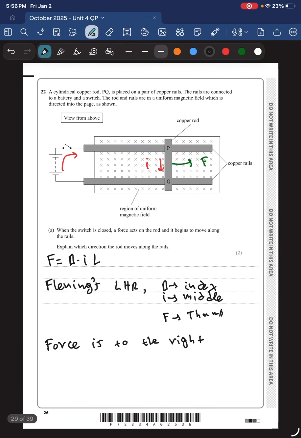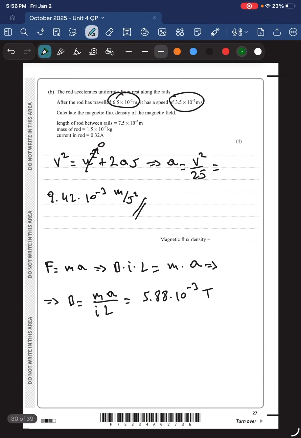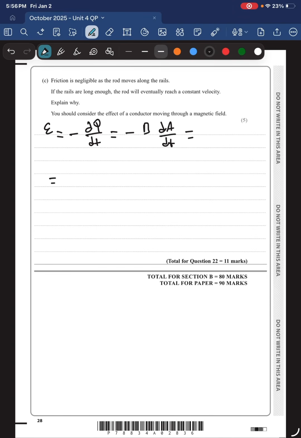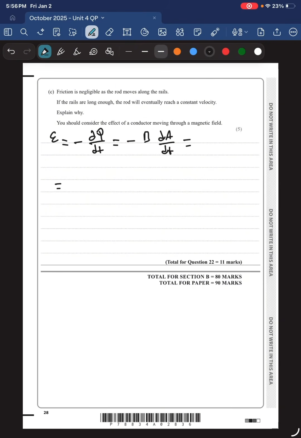If the rod moved over here, then the rod cut through magnetic field lines, and the area it cuts through is given by the length times this distance, let's call it x, L times x. So we will find minus BL dx over dt, which is nothing more than v, so BLv.